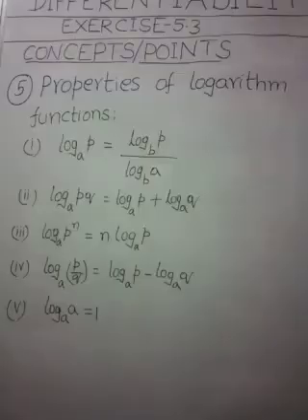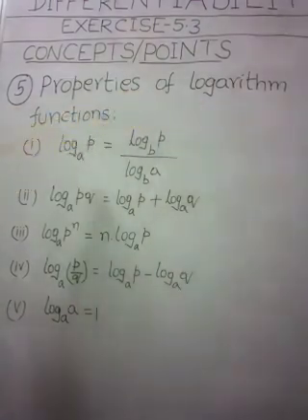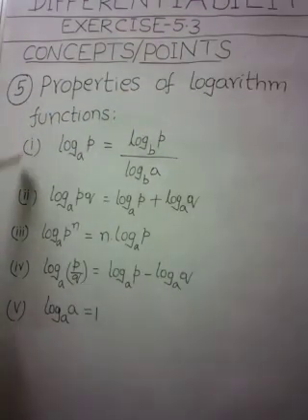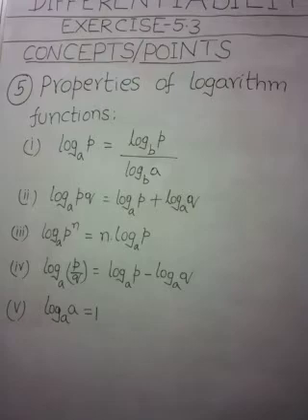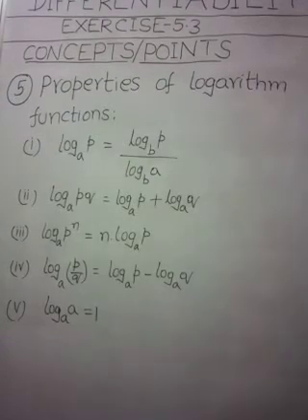Right. Now come to the last point of discussion today, that is the fifth one, properties of logarithm functions. These five are properties of logarithm functions. These are very important for the next exercise as well as for the upcoming chapters. Remember these points well, my dear children.